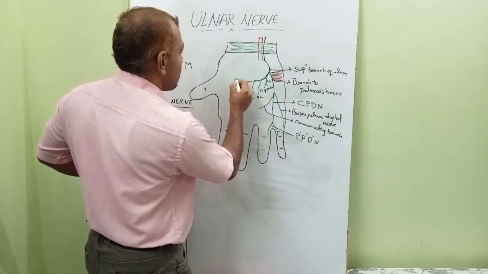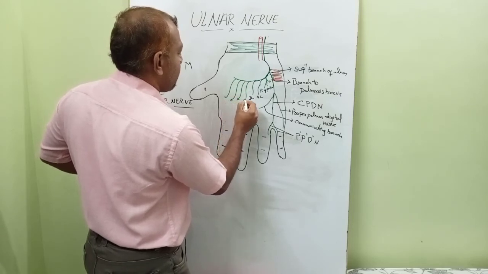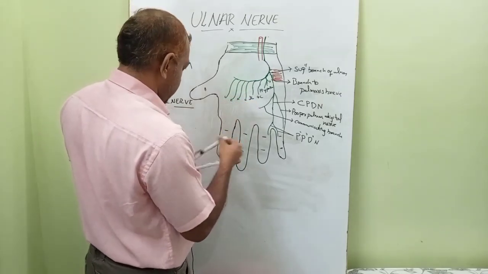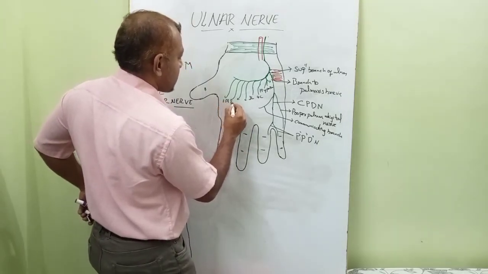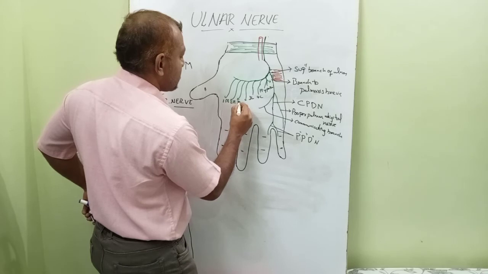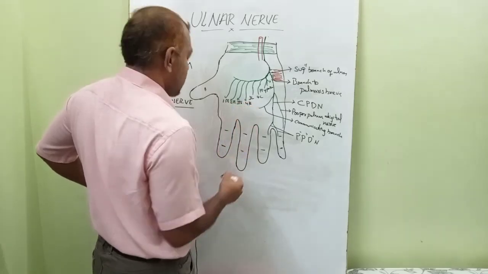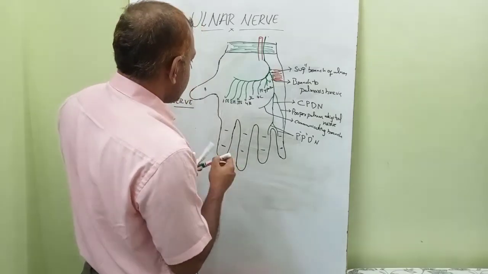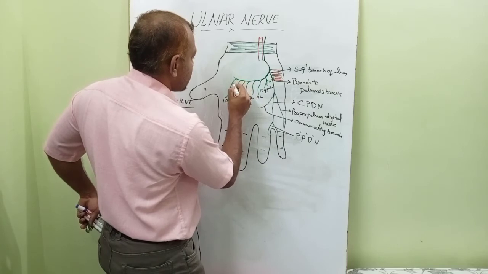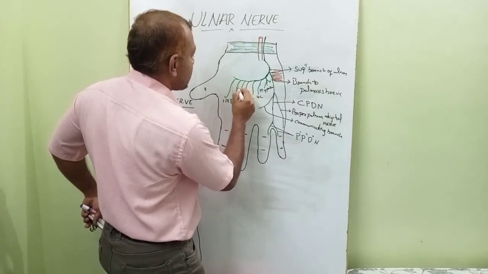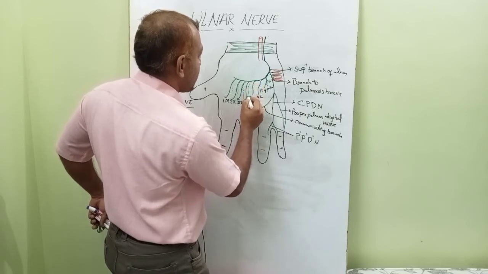This is how it supplies the four palmar interossei: first palmar interossei, second, third, and fourth palmar interossei. Then after that, the deep branch of the ulnar nerve further runs posteriorly, and is going to supply the dorsal interossei as well.